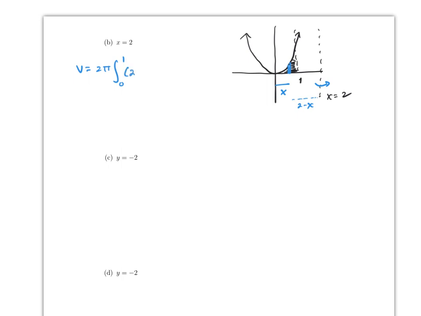The distance is now 2 minus x, which is this part. This is the distance, which is from here to here. And then the function is x squared dx. And again, this is going to be pretty easy to integrate.